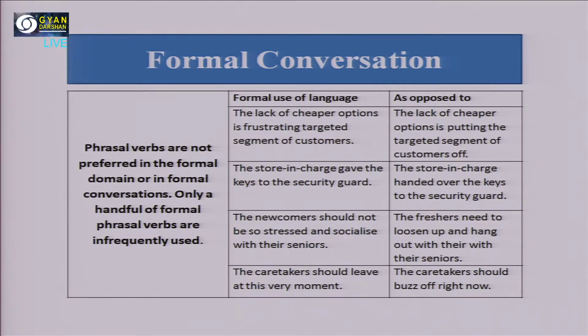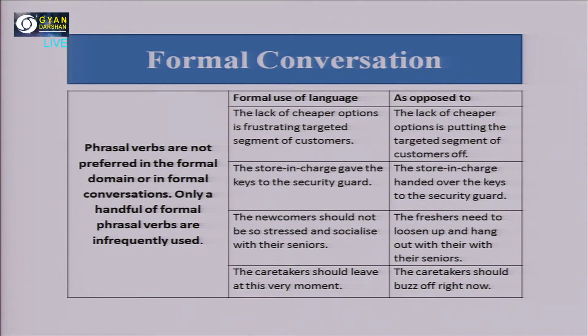"The lack of cheaper options is putting the targeted segment of customers off." This is something which is not expected. Rather, you would say, "the lack of cheaper options is frustrating the targeted segment of customers."